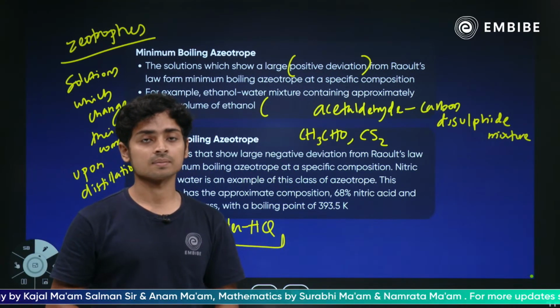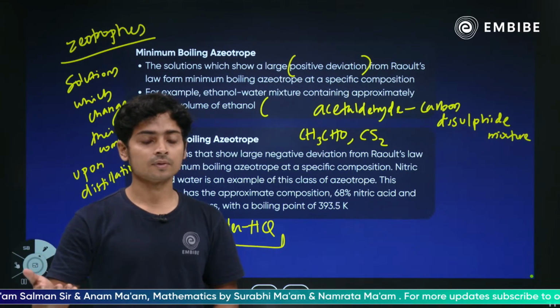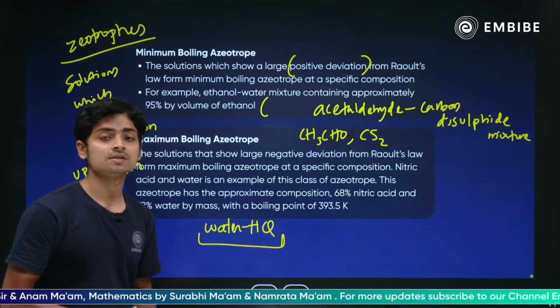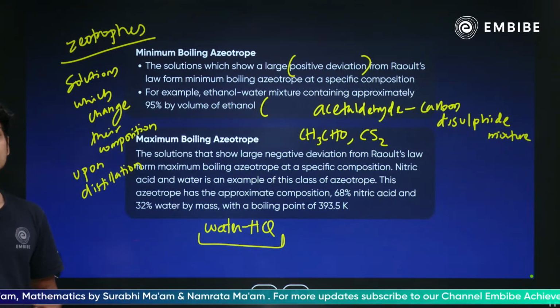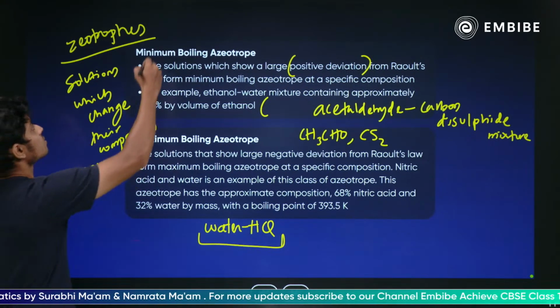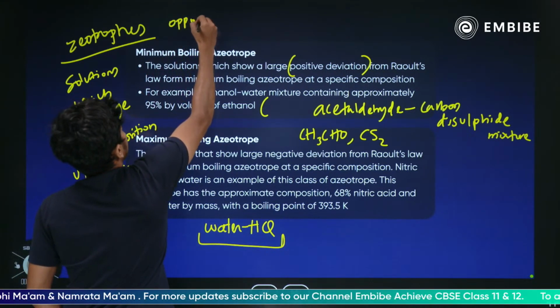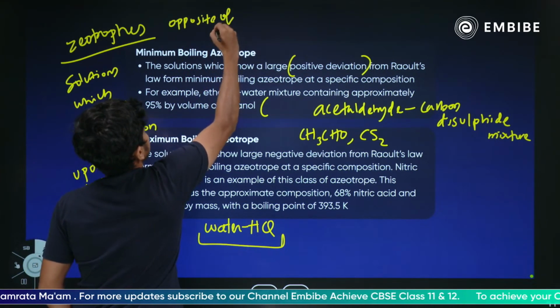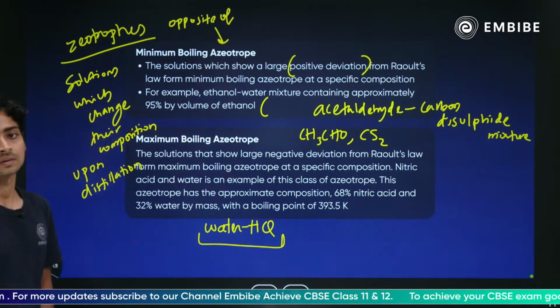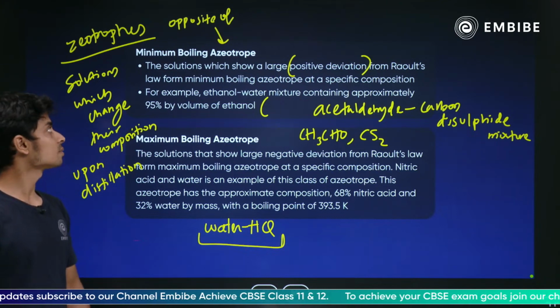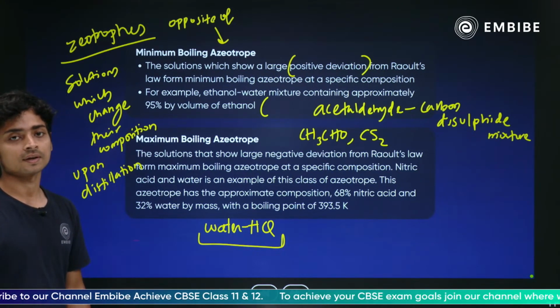Their composition stays the same, both in the liquid as well as the vapor phase. But in the case of zeotropes, it changes. So in your course, azeotropes is there, but just know what is a zeotrope.